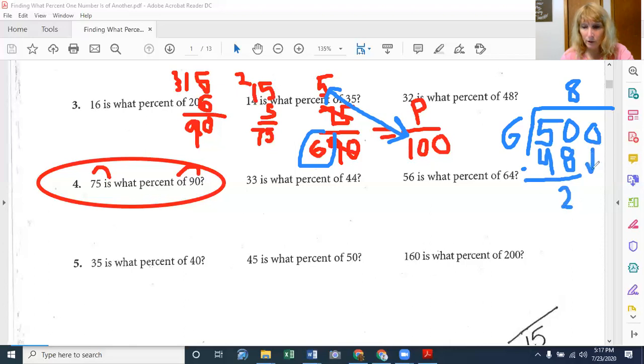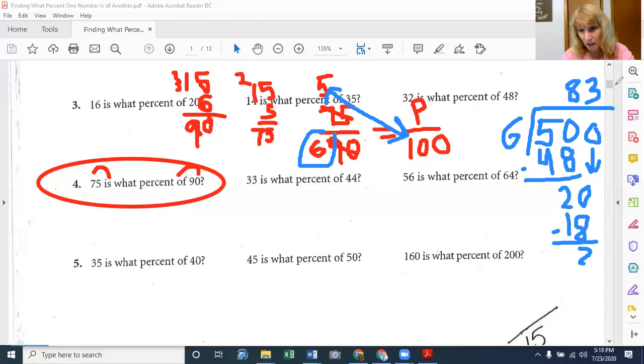Bring down the 0. How many 6s in 20? 3 times 6 is 18. So 3. And it gives you an 18. 20 minus 18 is 2. So if we put another 0 here and went down, we notice that it's going to be a repeating 3.